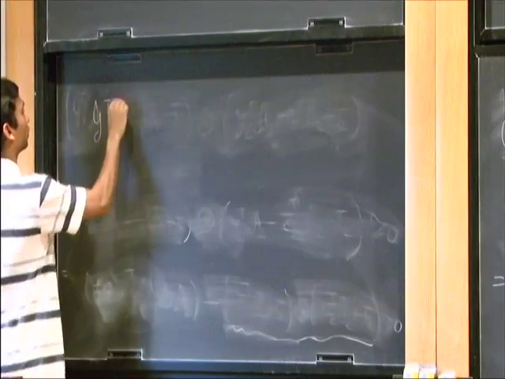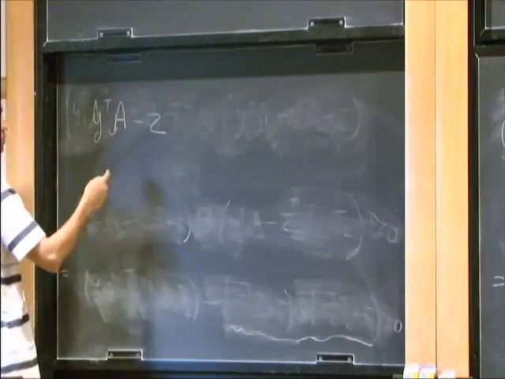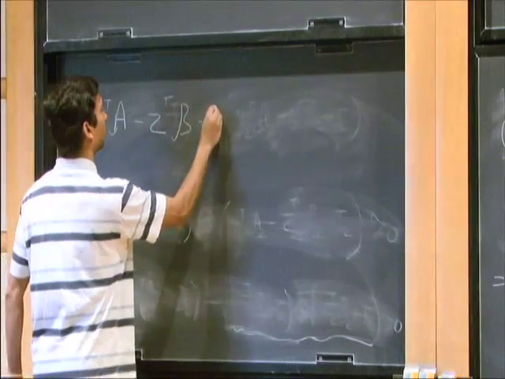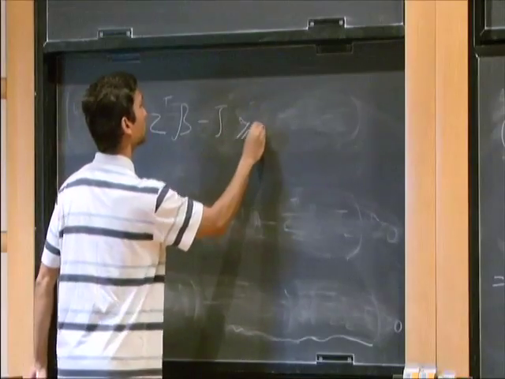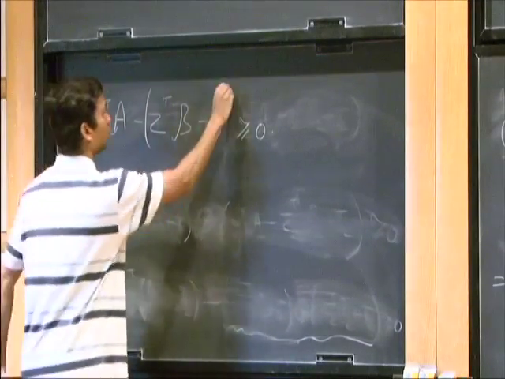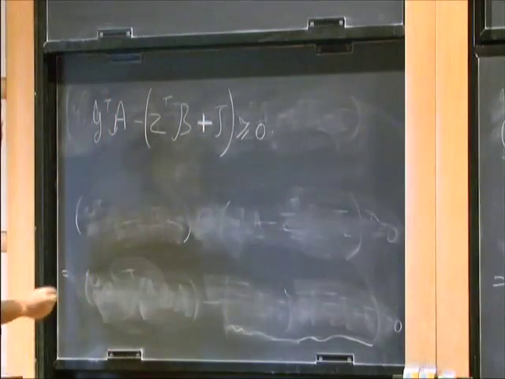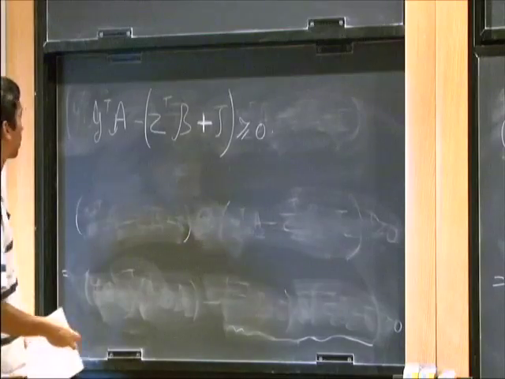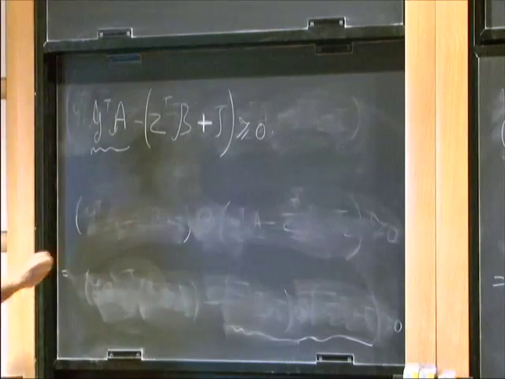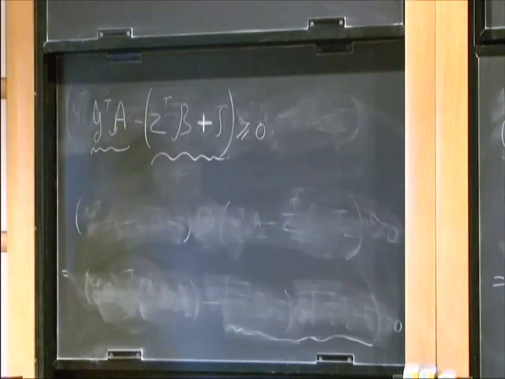This is given to me, plus J. By the properties, this matrix is block diagonal, and this matrix is anti-block diagonal.